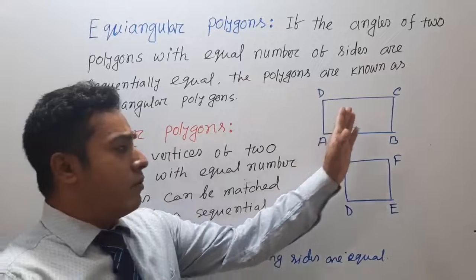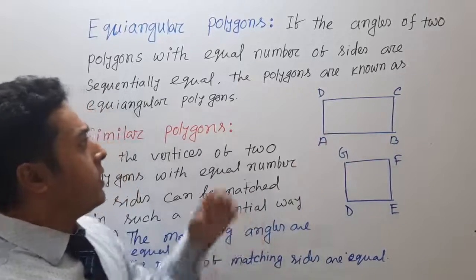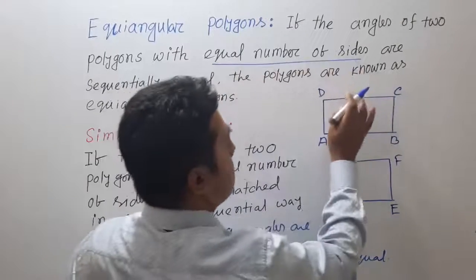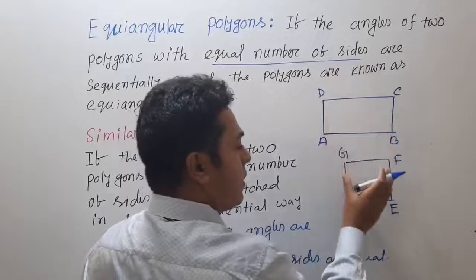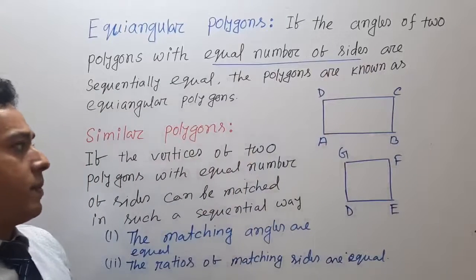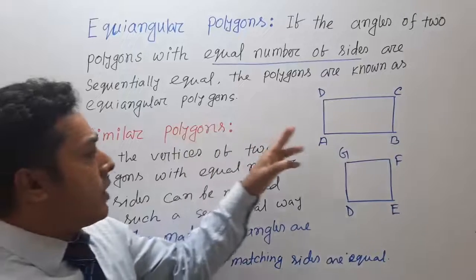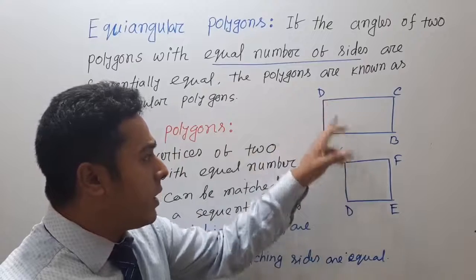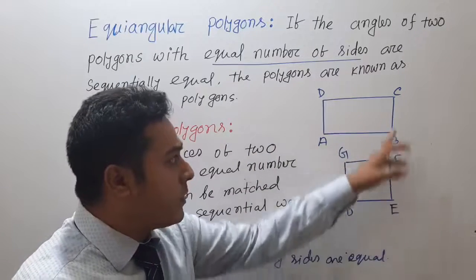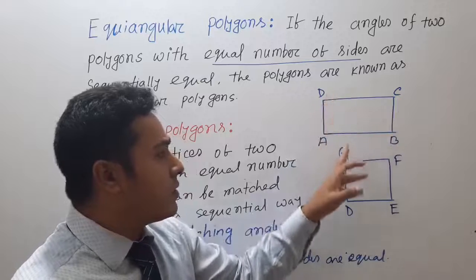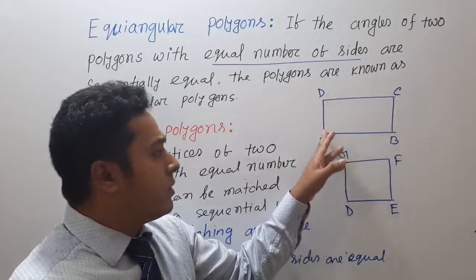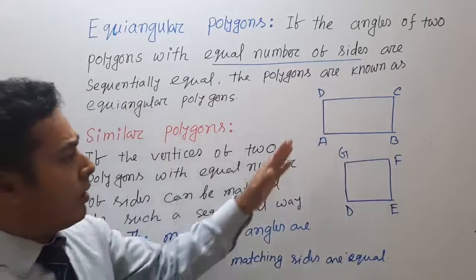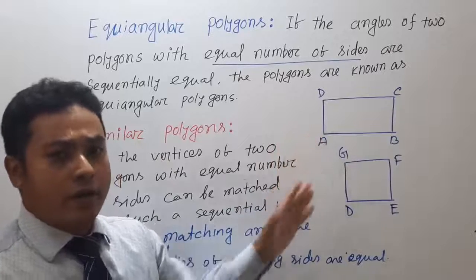Both polygons are equiangular because they have an equal number of sides, 4 sides each, and their corresponding angles are equal: angle A equals angle D, angle B equals angle E, angle C equals angle F, angle D equals angle G, because all are 90 degrees. So the rectangle and square are equiangular.